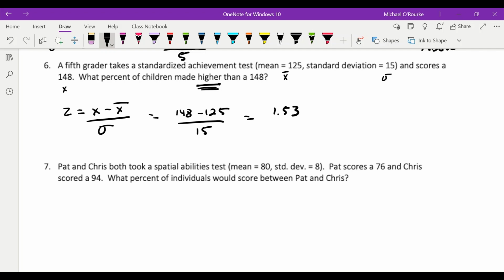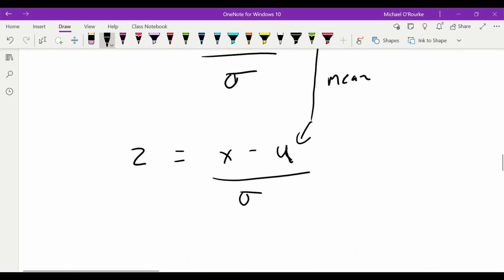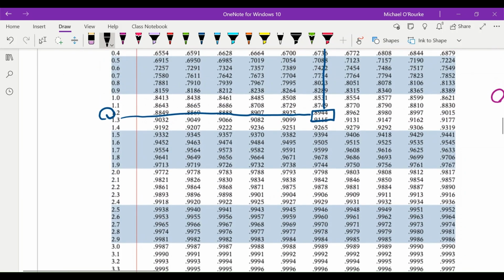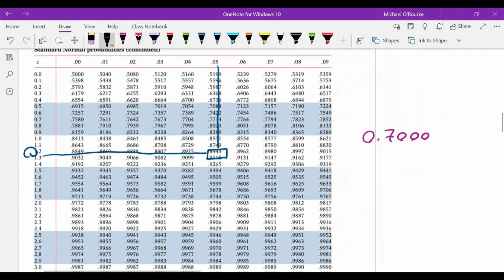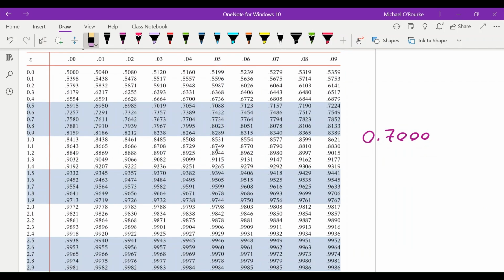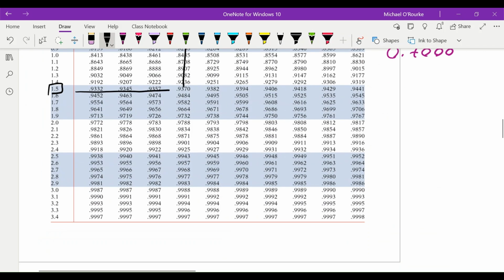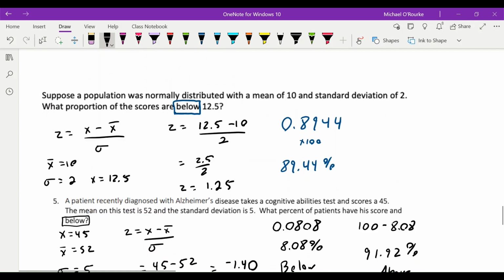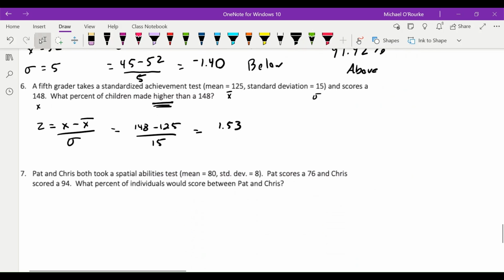Positive 1.53. So I go up here. .53, so I go to 1.5 over to 3, where those two meet up. 0.937. So 0.9370 times it by 100 gives me 93.7%.